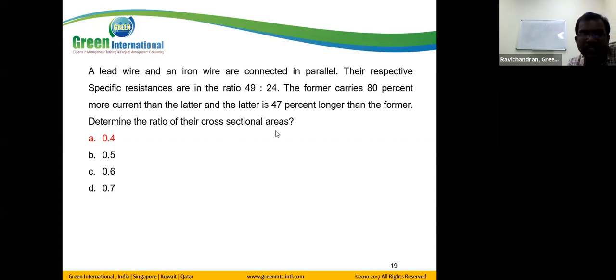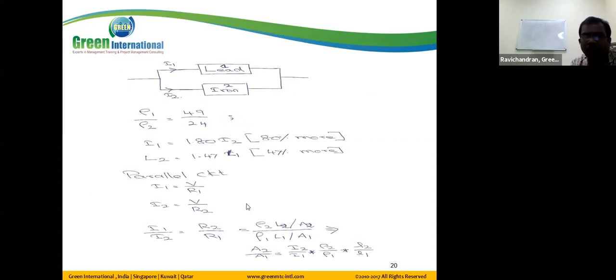So just come to here. In the question paper, in the diagram, there are two metals, lead wire and iron wire.